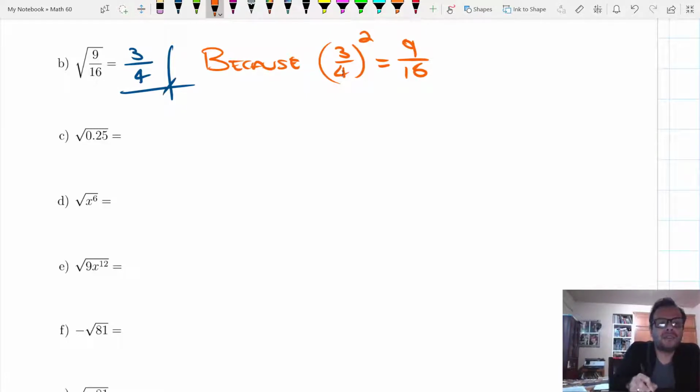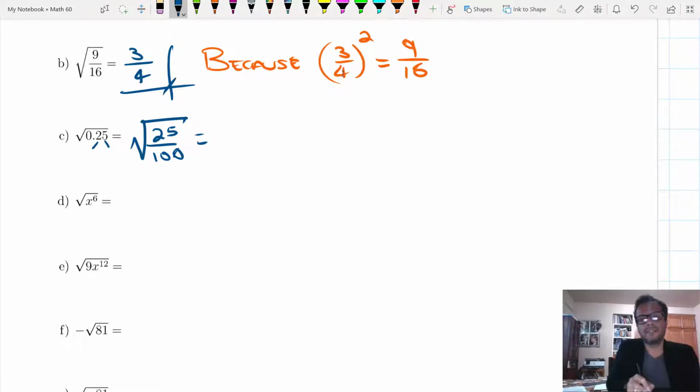So let's write that number 0.25 as 25 over 100, right? Because this 0.25 goes to the tens and the hundreds, right? And everything under the same radical.